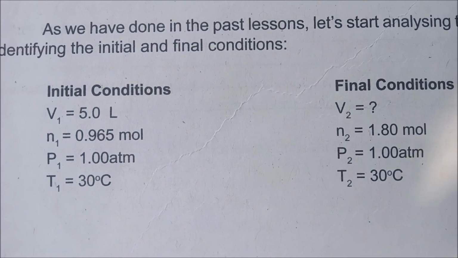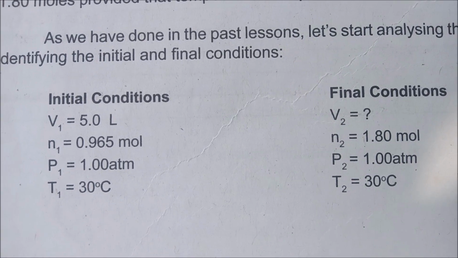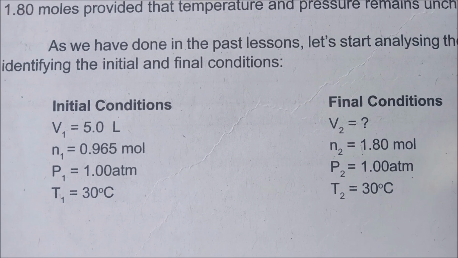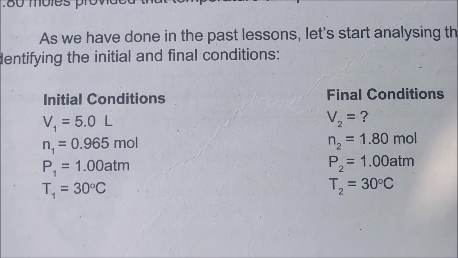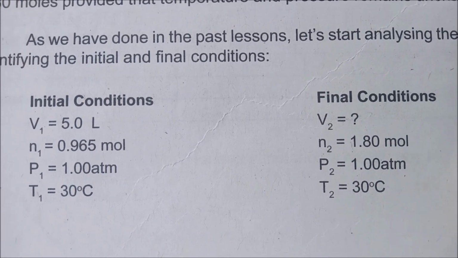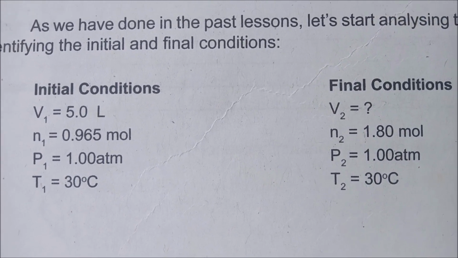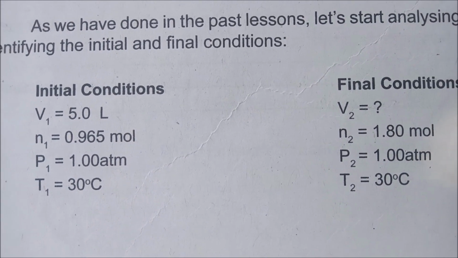So what happened here was the number of moles of the helium gas increased from 0.965 mole to its final value of 1.80 mole. So we should expect that the final volume will also change.